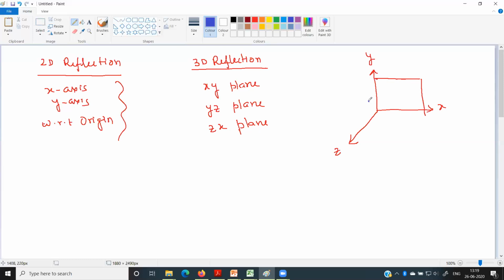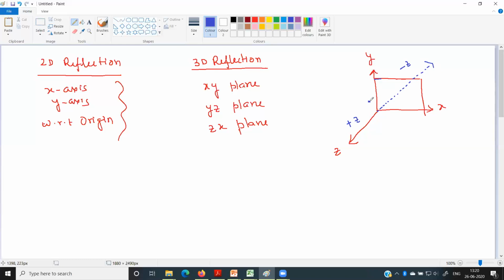So this is a point. If you want to reflect this point, consider the plane as the mirror. That means you have to extend the Z axis in the opposite direction. So if it is the positive side of the Z axis, then it will be the negative side of the Z axis. Fine.